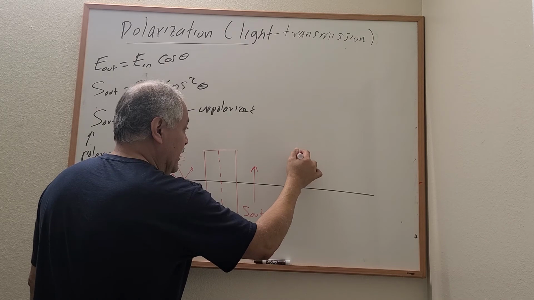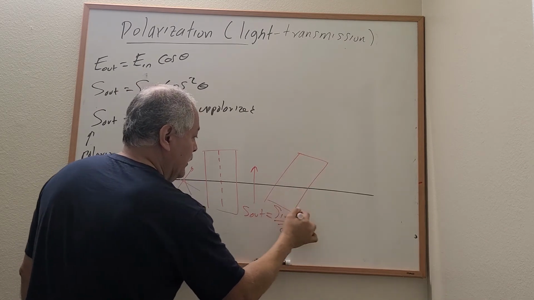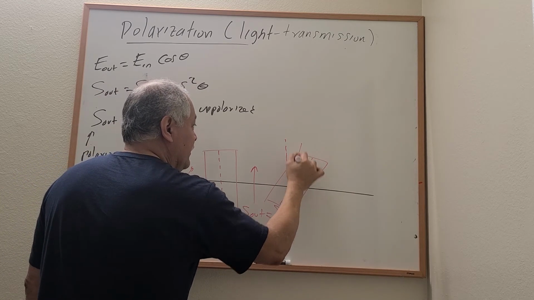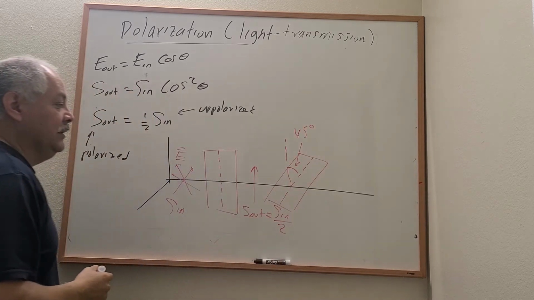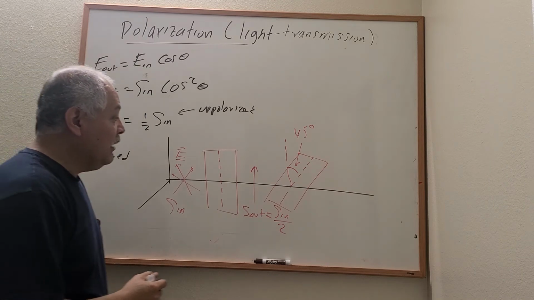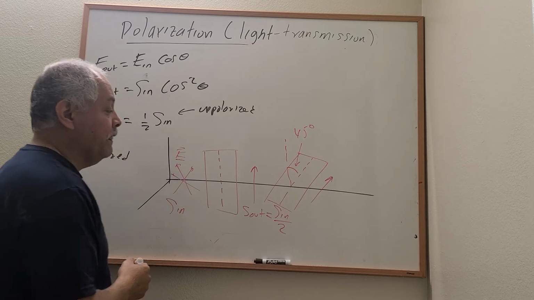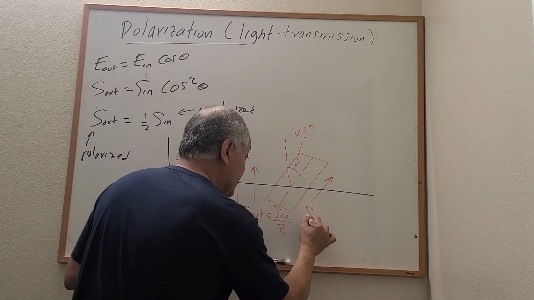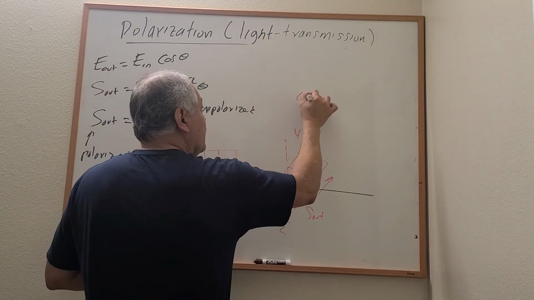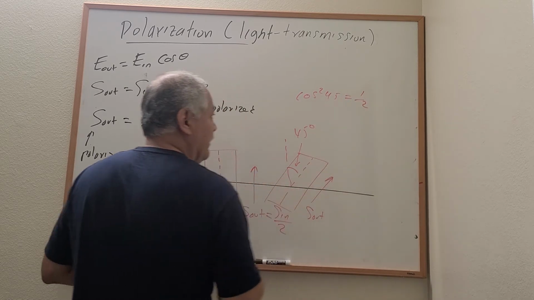Now imagine that we have the polarizer at 45 degrees, like this. That's going to be 45 degrees. What should be the outcome? The intensity out equals, remember, cosine squared of 45, which equals 1/2.